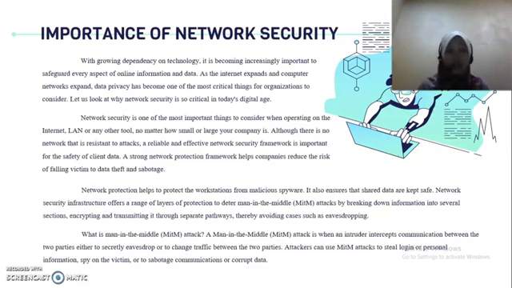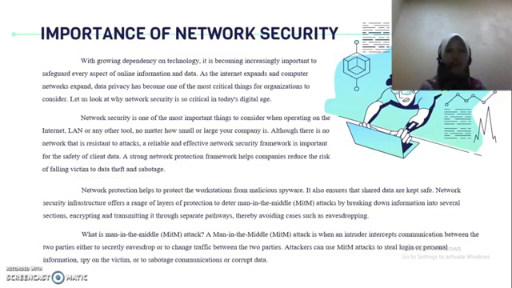So network security is one of the most important things to consider when operating on the internet, local area network, or any other tools, no matter how small or large your company is. Although there is no network that is resistant to attack, a reliable and effective network security framework is very important for the safety of client data.